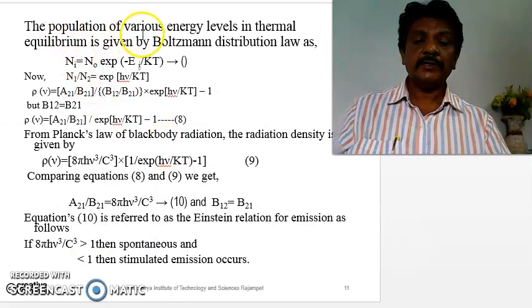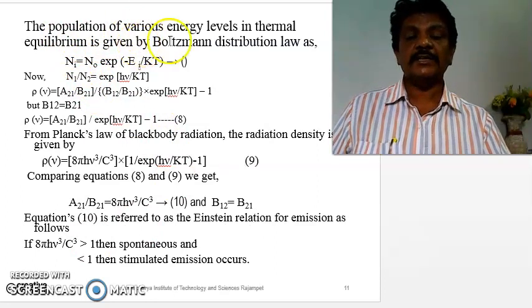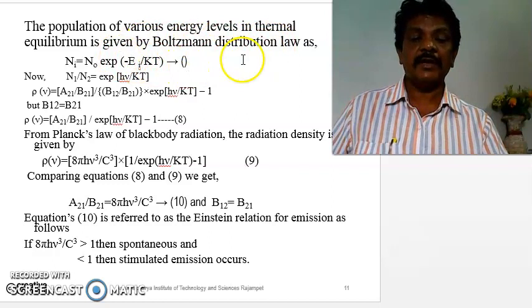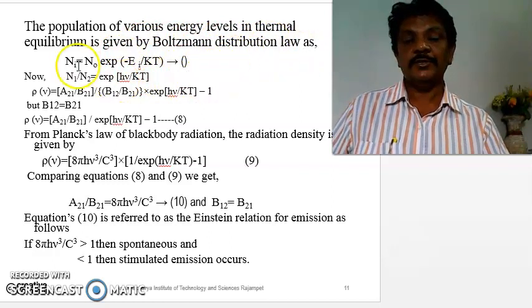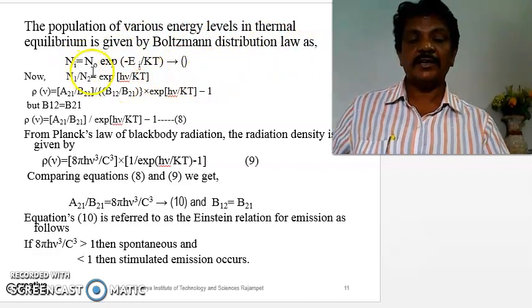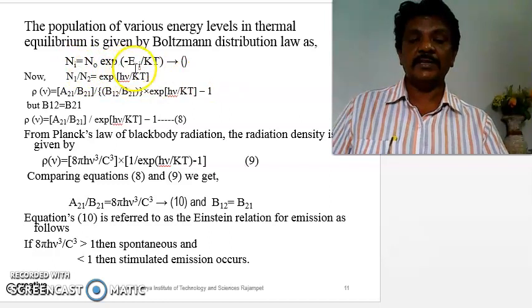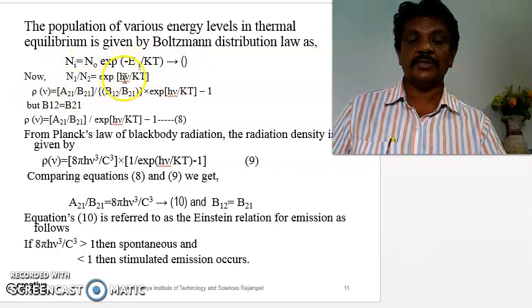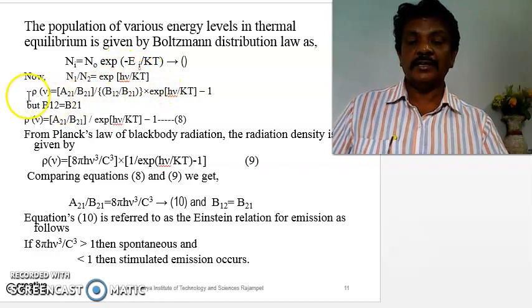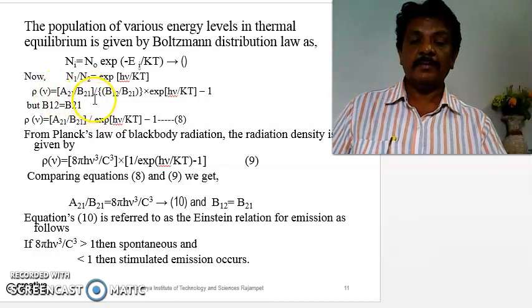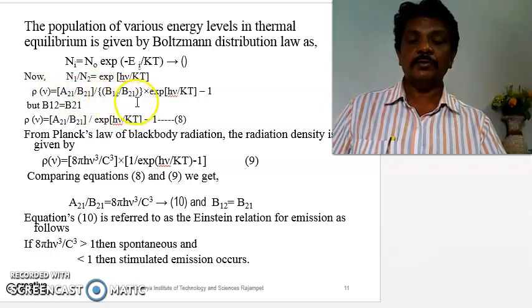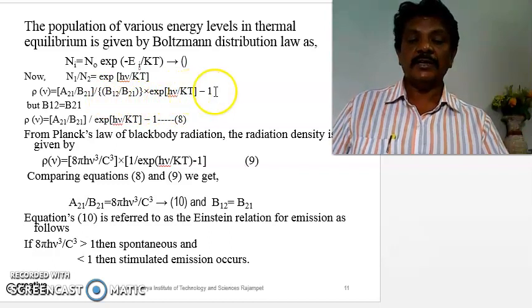Next, the population of electrons present in any energy state is given by the Boltzmann distribution law: N_i is equal to N0 exponential of minus E_i by KT. Similarly, we can write N1 by N2 is equal to exponential h nu by KT, where h nu means E2 minus E1. Then rho nu is equal to A21 by B21 divided by B12 by B21 exponential h nu by KT minus 1.